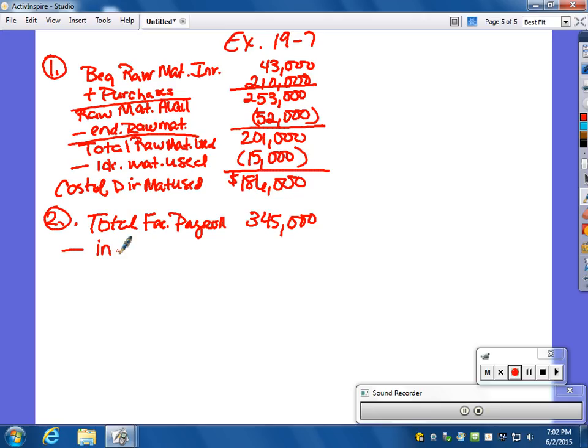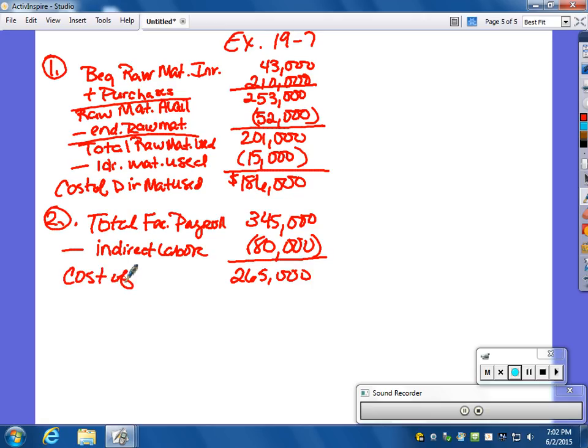Less indirect labor, 80,000, which gives us how much? 345 minus 80 is 265. So that is the cost of direct labor used.